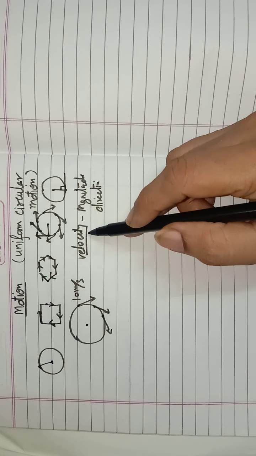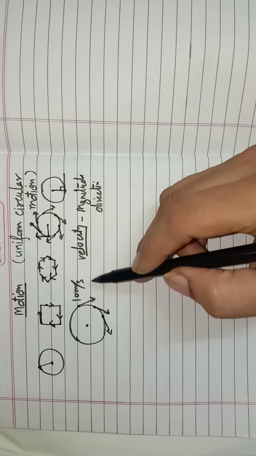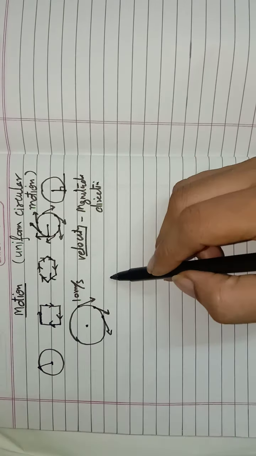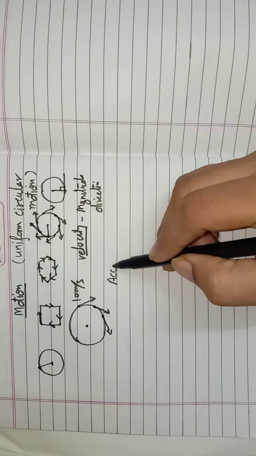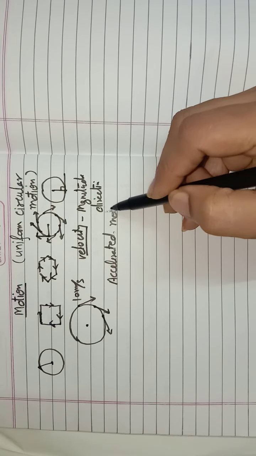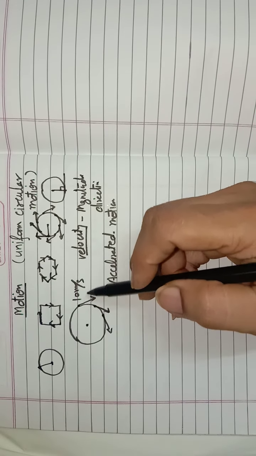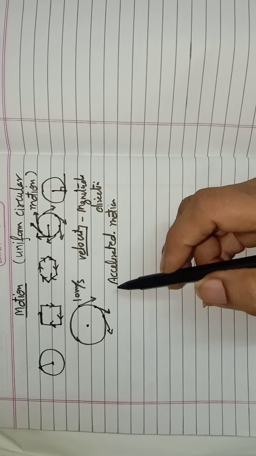And what about non-uniform velocity? If a body is moving with a non-uniform velocity, its motion is accelerated motion. Is it clear? So when a body is moving in a circular path, its motion is accelerated motion.